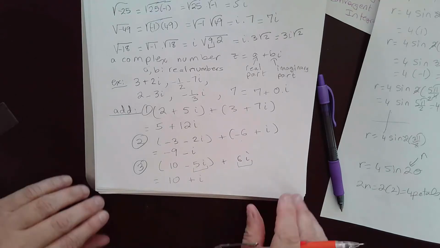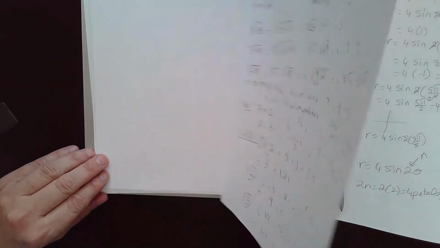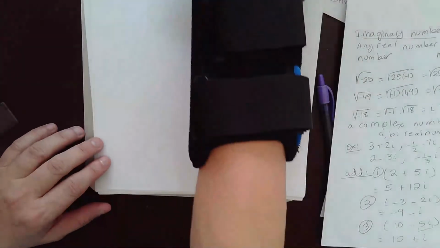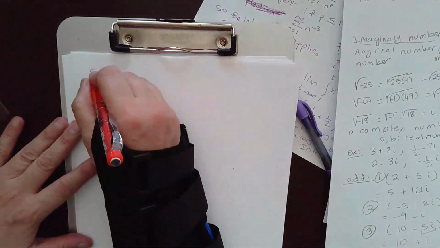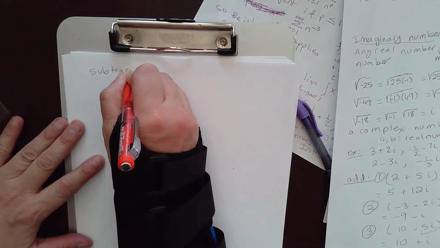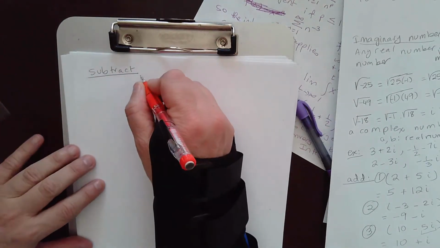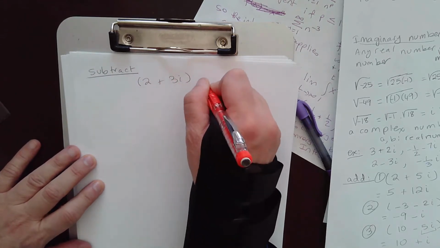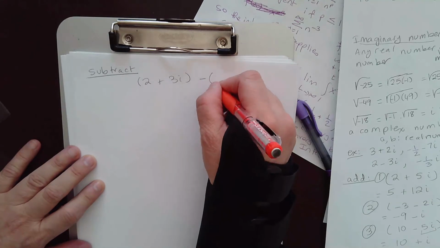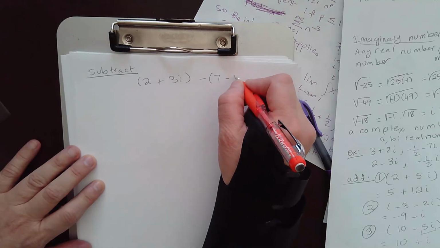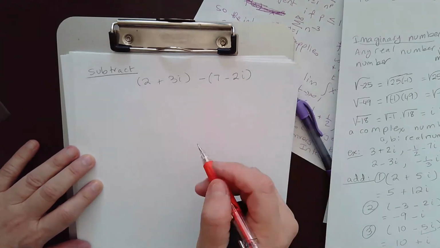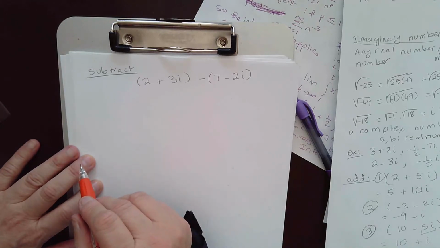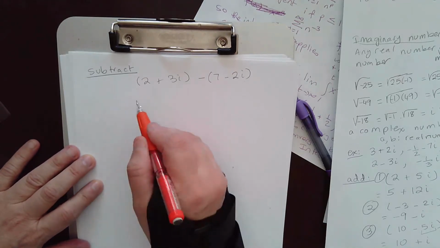Alright? You can also subtract. So let's go ahead and do this. Subtract. So (2 plus 3i) minus (7 minus 2i). How do we do this? Well, you can do this in a couple of ways.